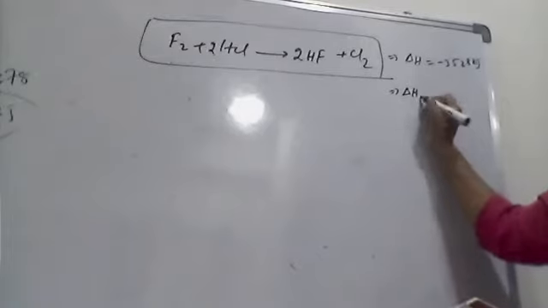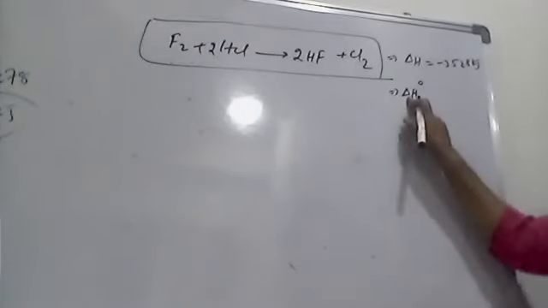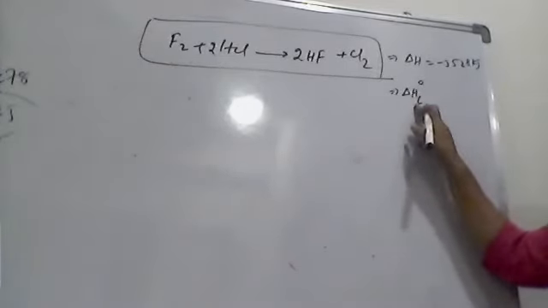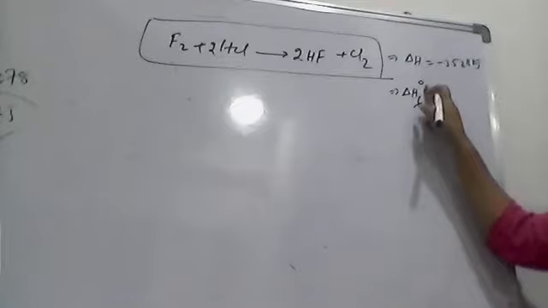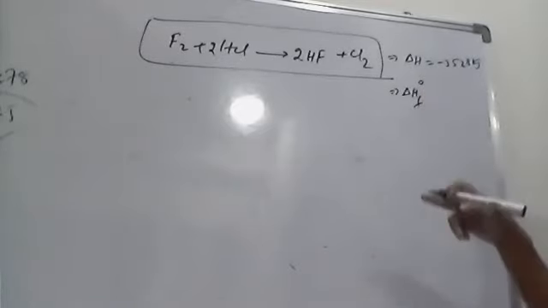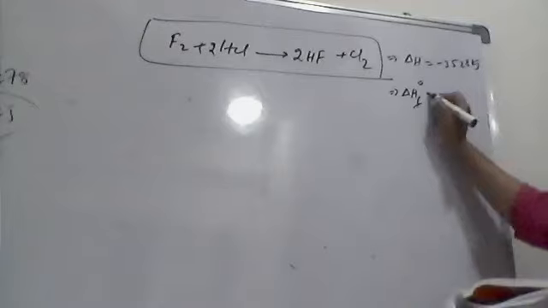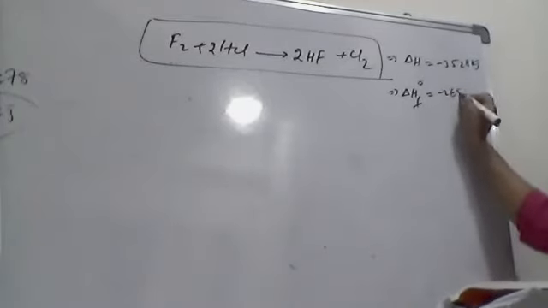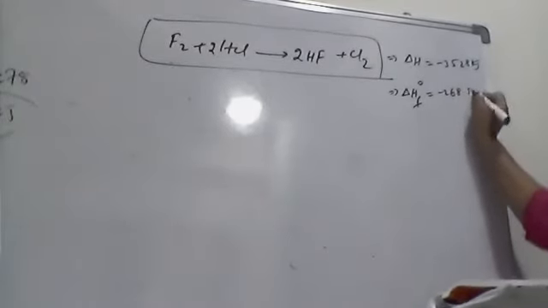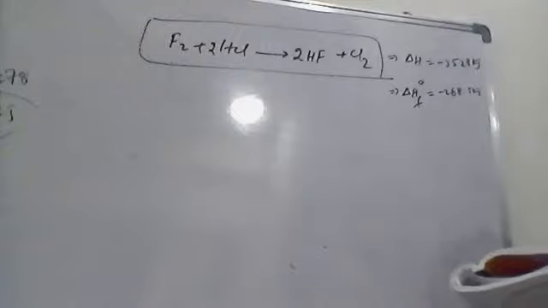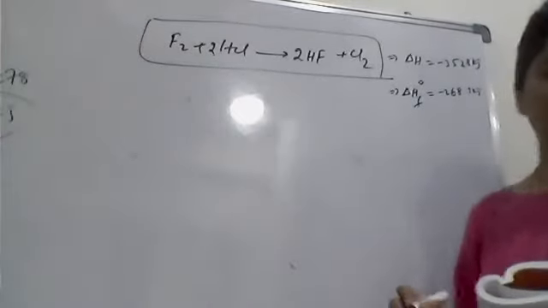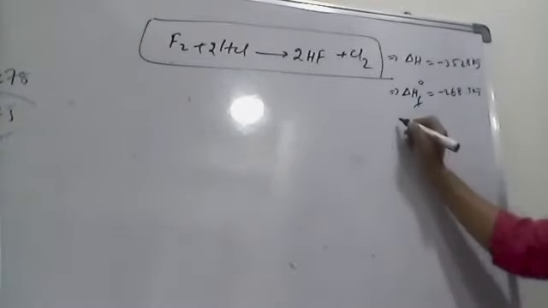And the standard heat of formation of HF, delta H f zero, is given as minus 268.3 kilojoules. The question asks you to calculate the standard heat of formation of HCl.